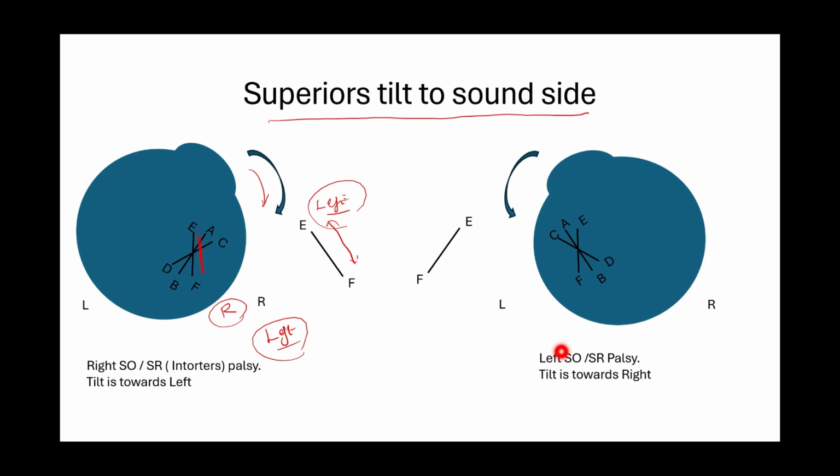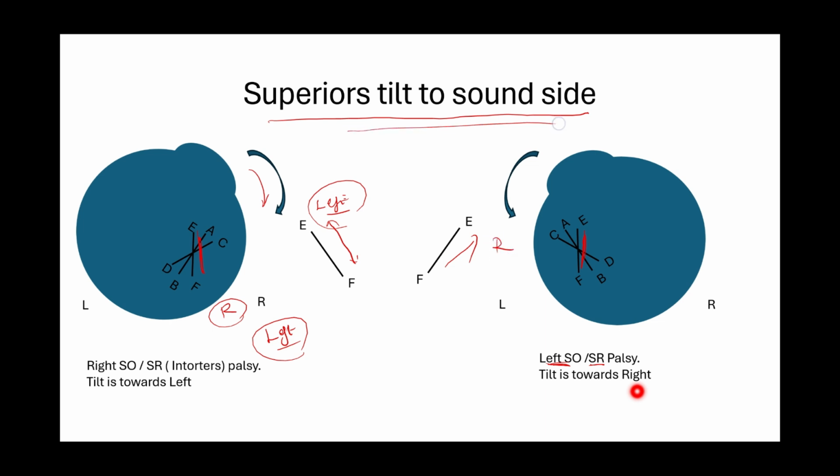Is the same thing happening in the left eye? Let's see. So here the left eye is extorted because there is a palsy of the left superior oblique and left superior rectus. Here what happens again, because of the extortion, the object starts stimulating the EF line, and EF here is producing an image which is tilted to the right.